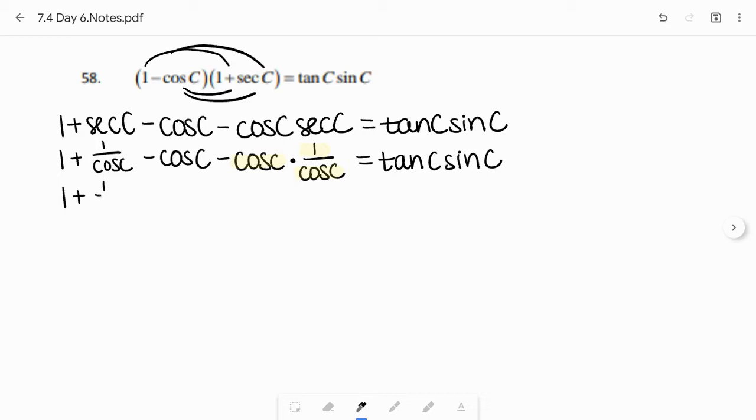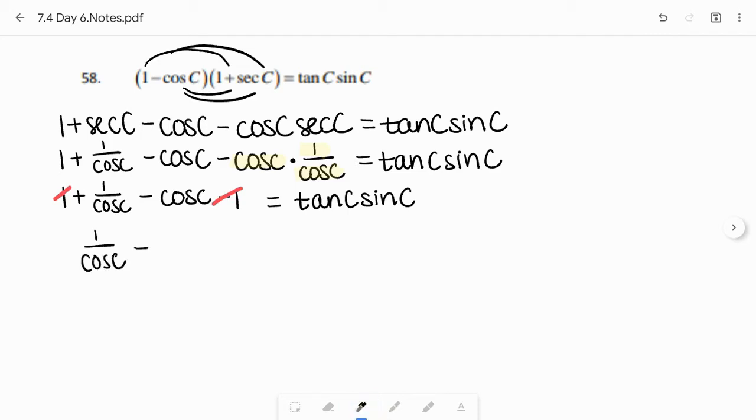So I have 1 plus 1 over cosine c minus cosine c minus 1 is equal to tangent c sine c. Okay, then I've got a positive 1 and a negative 1, so let's cancel that out. So I've got 1 over cosine c minus cosine c equals tangent c sine c.